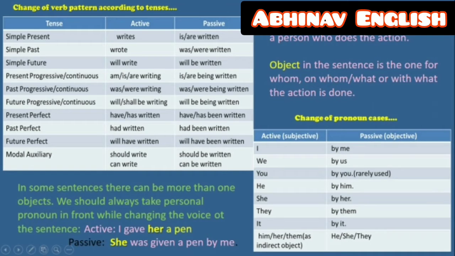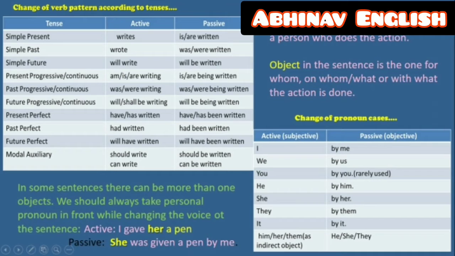Likewise, there is a list again you can go through, and in the end you will find sometimes him, her, them, like objective cases, we call them indirect objects. If they are there in active sentence, we begin our passive sentence with he, she or they accordingly.